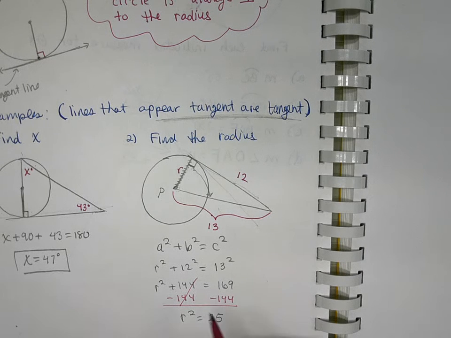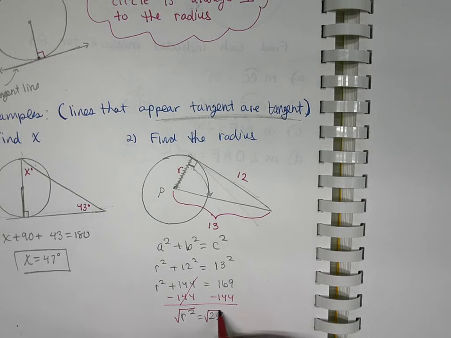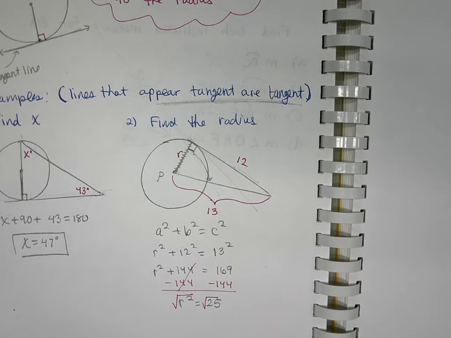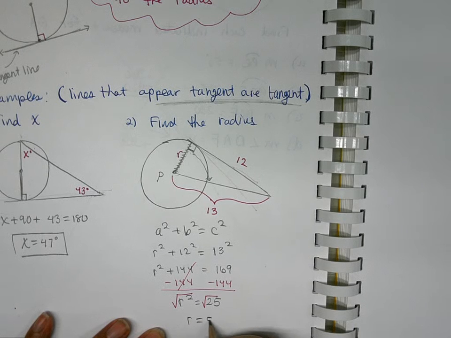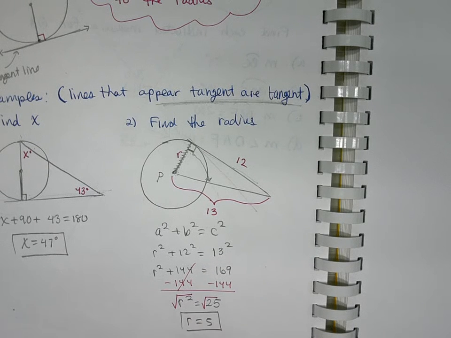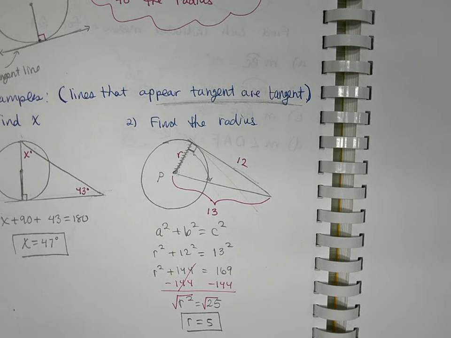All right, I'm hoping everybody's at least this far. R squared equals 25. We square root both sides, and R ends up equaling 5. So the radius is 5.